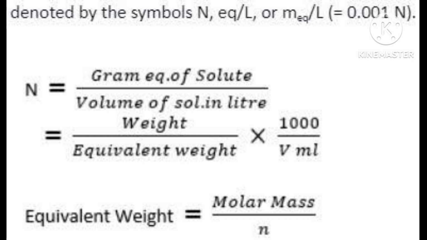In the same way, for a base: how much base is required to neutralize 1000 cc of 1N acid, which contains 1 gram equivalent of acid. That is known as the equivalent mass of the base.